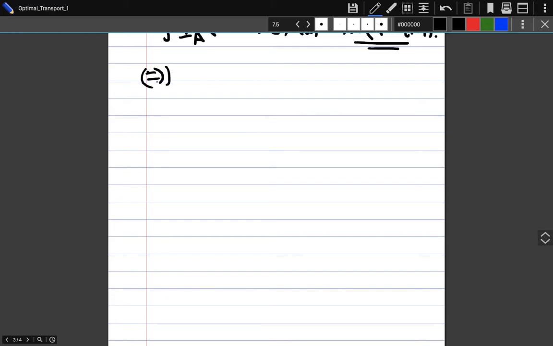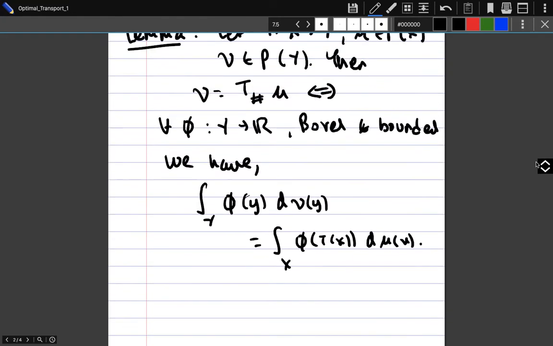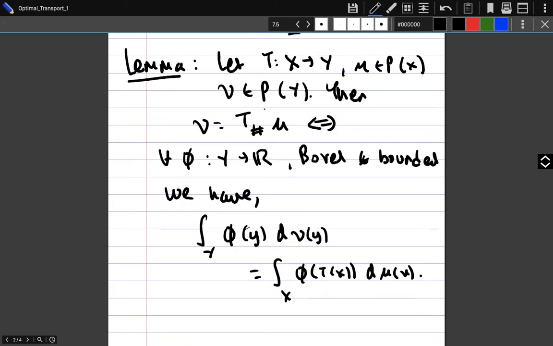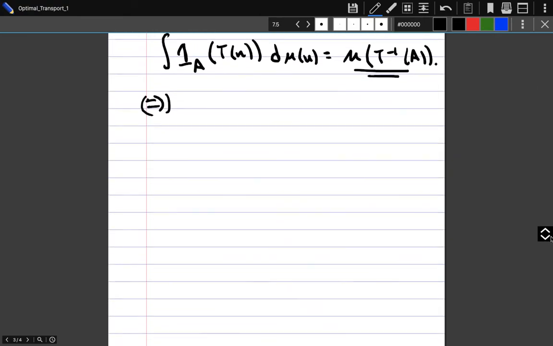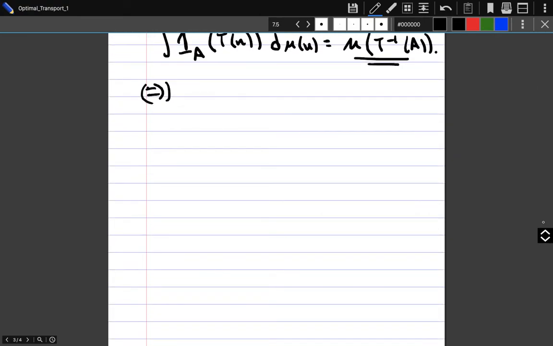So this implication is okay. The forward one requires a little bit of work, but again, not too hard. So what do we assume? We assume that this holds, and we want to verify this for all measurable and bounded functions. But this is not hard. Usually for proofs like this, you follow a sort of density argument, and so you start with simple stuff.